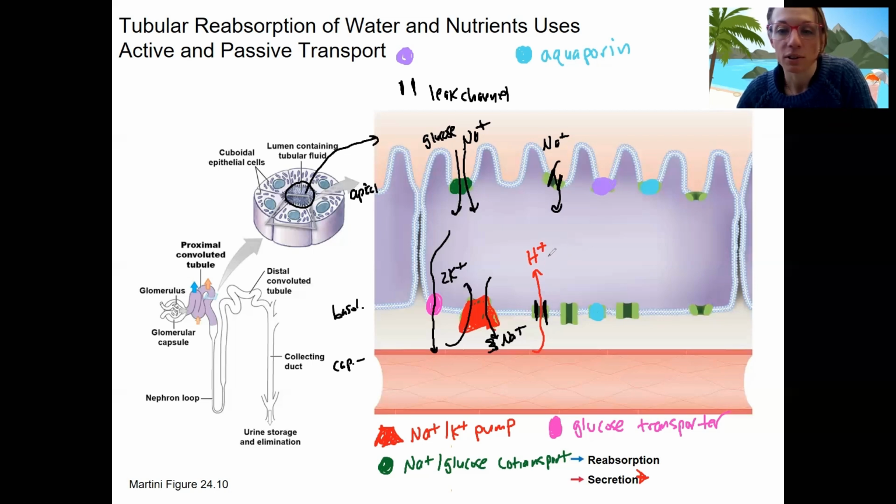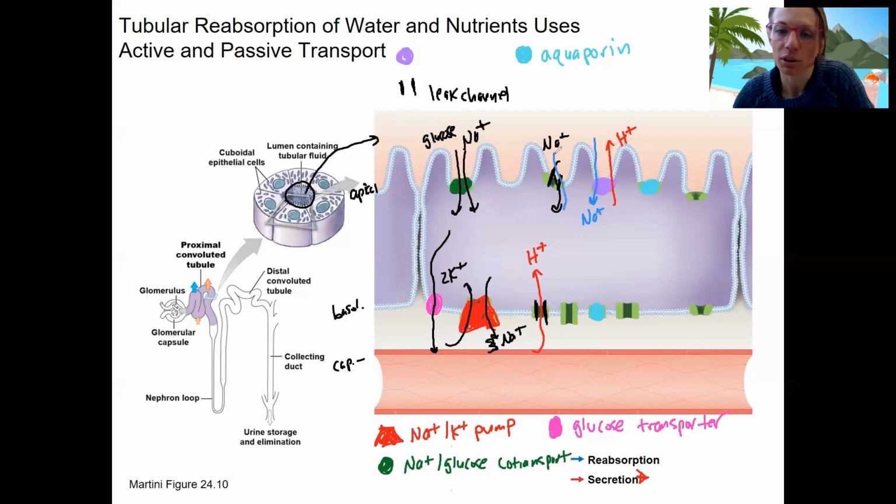That hydrogen, we want to secrete it. It's actually going to be secreted via antiport. What do you think could antiport hydrogen? Something that is going to go down its gradient and be a positively charged thing to be electrically neutral? Sodium.